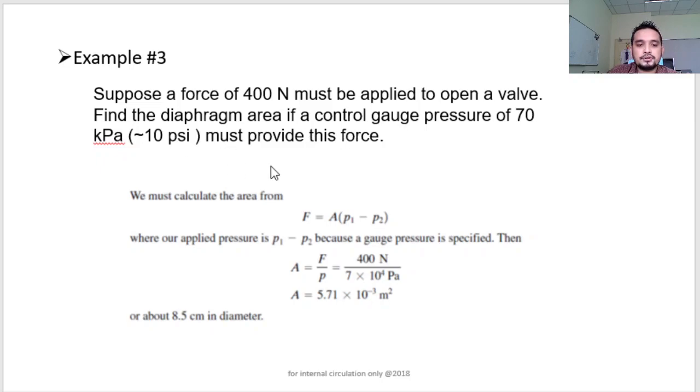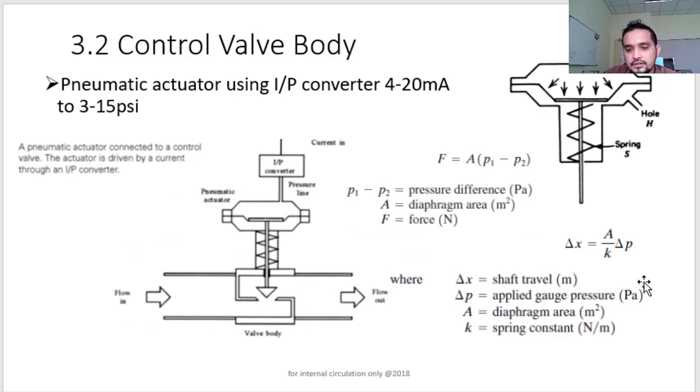So come back to this formula. The values given are 400 Newton for the force, and we have the pressure difference. They ask us to calculate the diaphragm area, so we can use this formula.